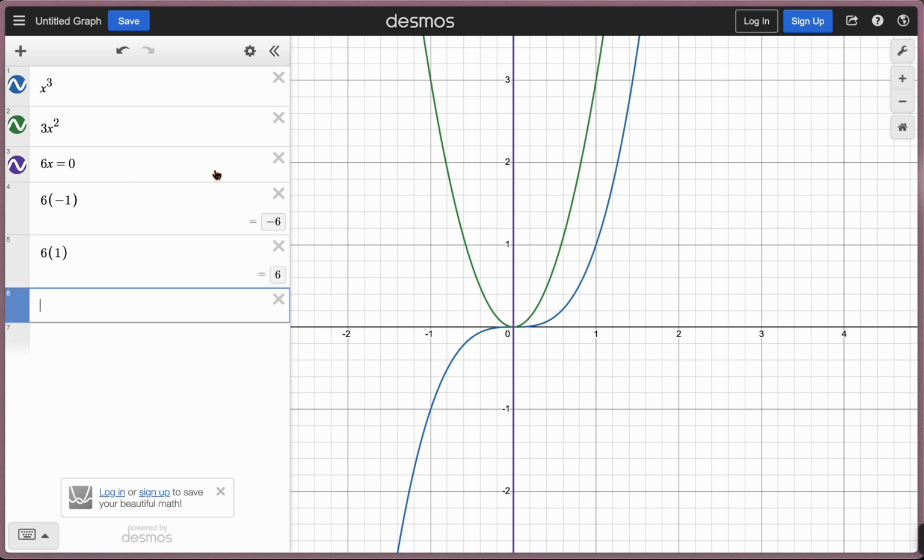This is negative, concave down, positive, concave up. So there's a sign change from concave down to concave up. Since the sign changes, x equals 0 is a point of inflection.